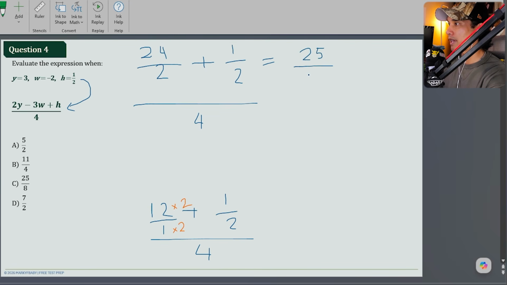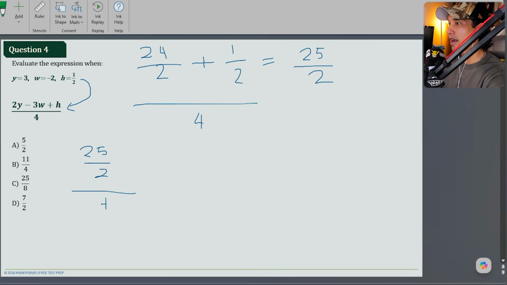And the 2 just stays put. Okay, we don't do anything with the 2 when we add or subtract. Okay, so let's go ahead and erase this part right here and move on. Okay, so now what we're left with is 25 over 2 divided by 4.